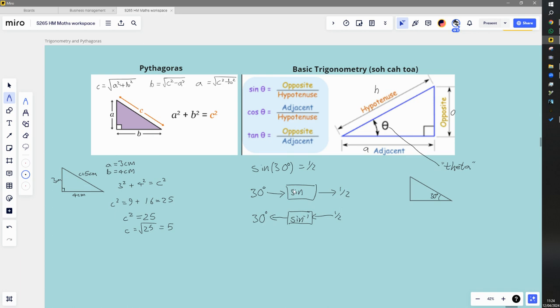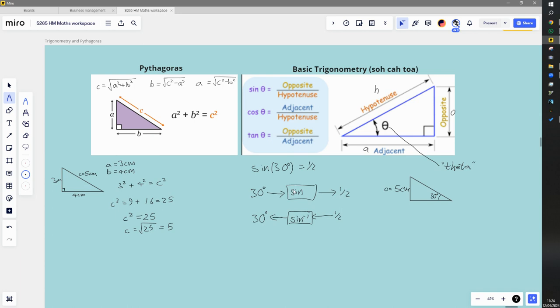So we can see that sine theta would be equal to the opposite over the hypotenuse. So if the opposite side here was 5, let's say it's 5 centimeters, and we wanted to work out this side here, then we have the opposite.